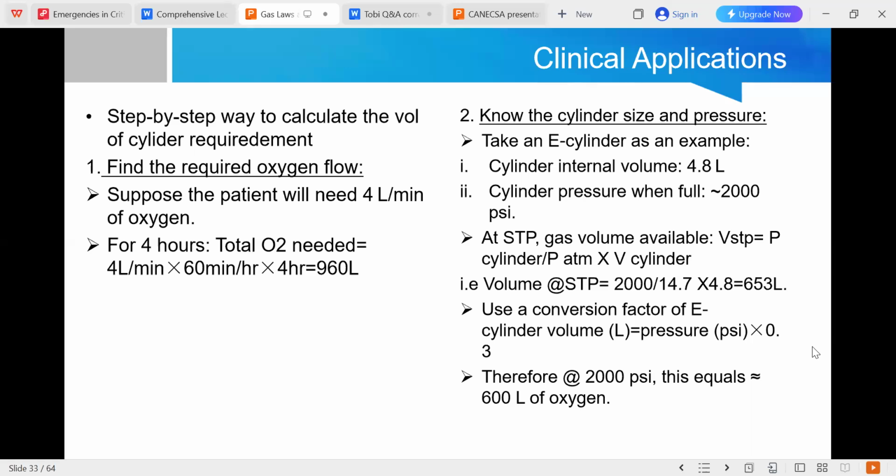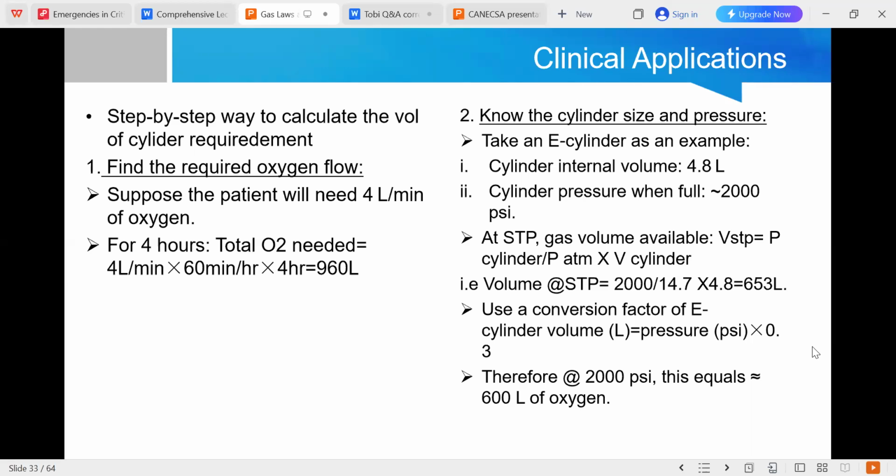How do you calculate the number of oxygen cylinders you need? So the first thing you need to do is to determine how much oxygen you are going to give this patient to be able to achieve your predetermined SpO2.